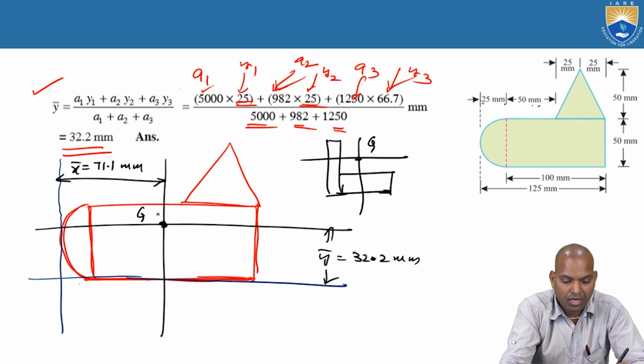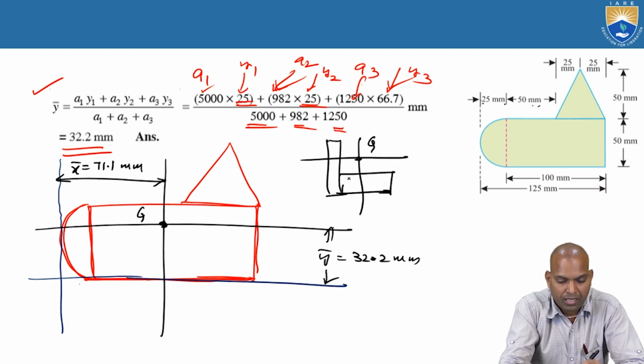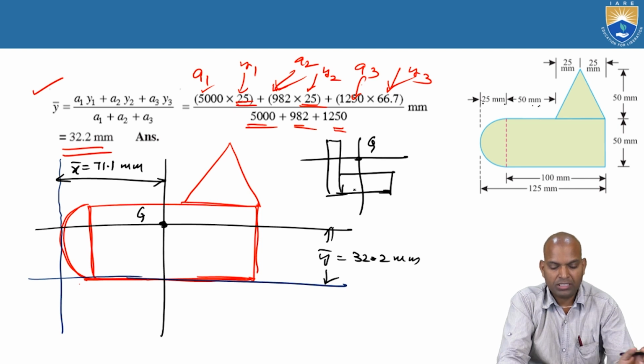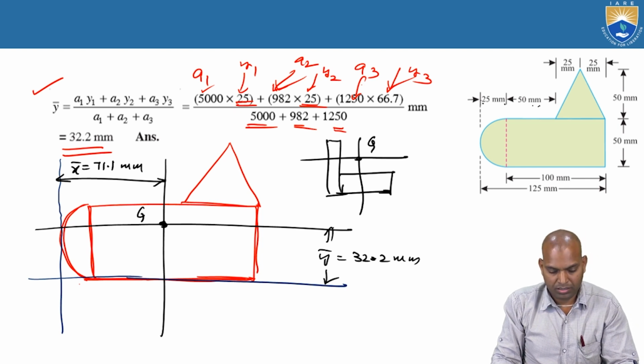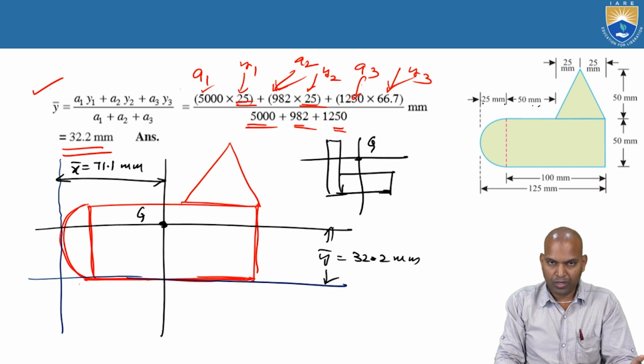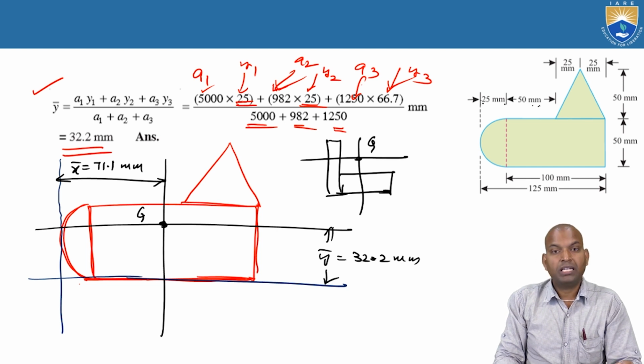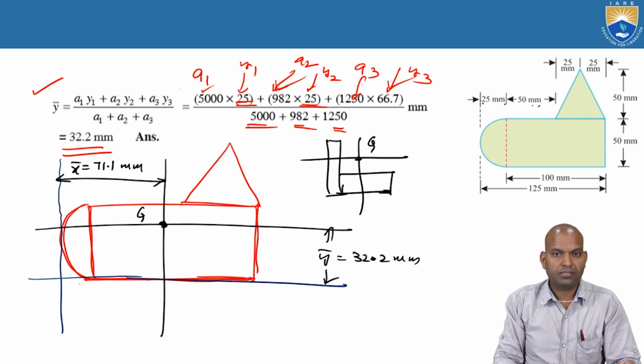That means it can be on the plane of geometry or outside it. So with this we have covered how we solve the problems of unsymmetrical sections.